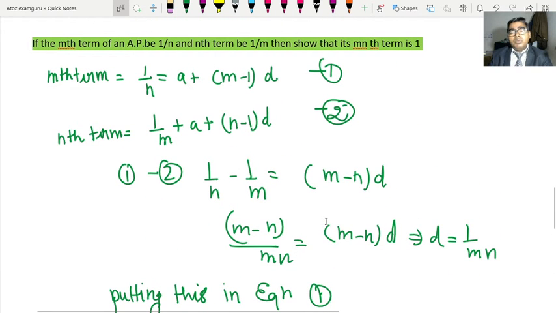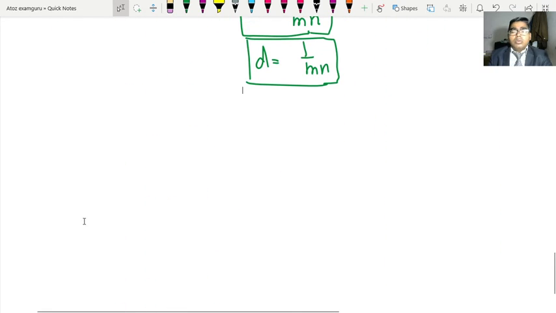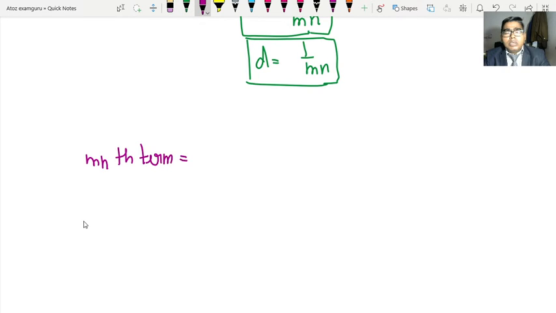And now we have to calculate the mth term. So now let us see how to calculate the mth term. We don't know what the mth term is, so let us take first term a plus m minus 1 into common difference.